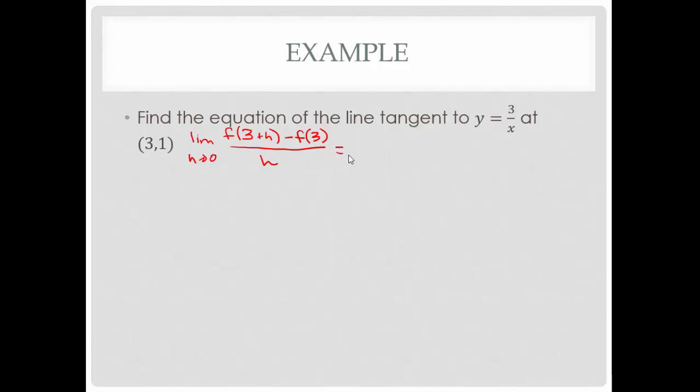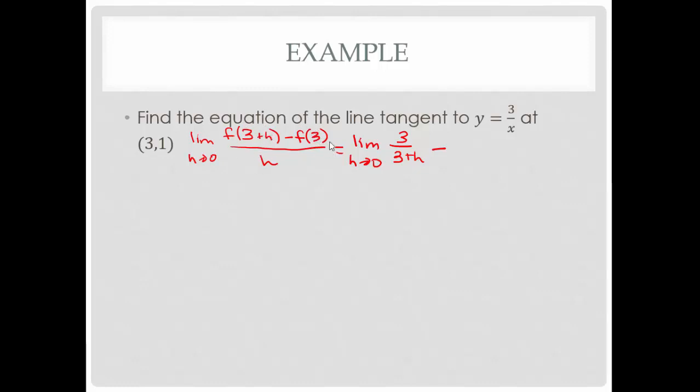So we have the limit as h approaches 0. f of 3 plus h says take your function f, and everywhere you see x, you're going to plug in 3 plus h. So we get 3 over 3 plus h, minus f of 3. Now you can do this one of two ways. You can do it the same way we just did the 3 plus h.